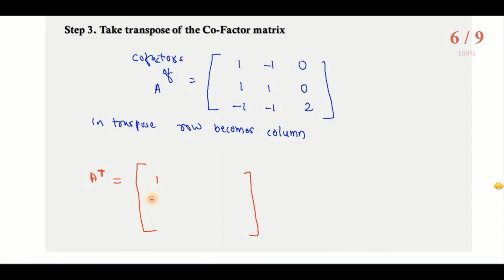So 1 minus 1 0, this is the first row. The second row becomes the second column, 1 1 0. The third row becomes the third column, minus 1 minus 1 2.